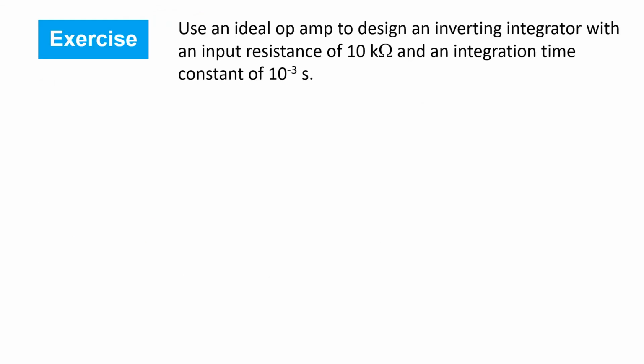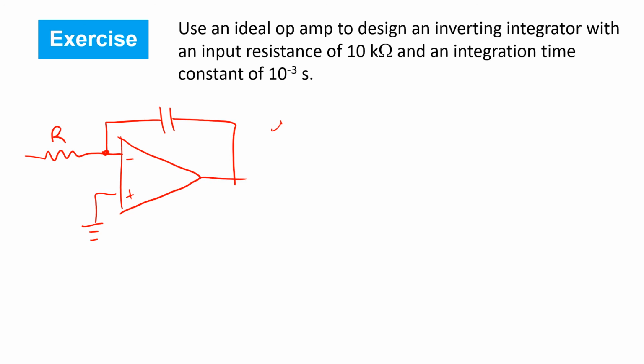This exercise asks us to design an inverting integrator with a specific input resistance and time constant. So here's our integrator circuit. We call it a negative or inverting integrator because, as we saw from the last slide, the output voltage is actually negative the time integral of the input voltage.